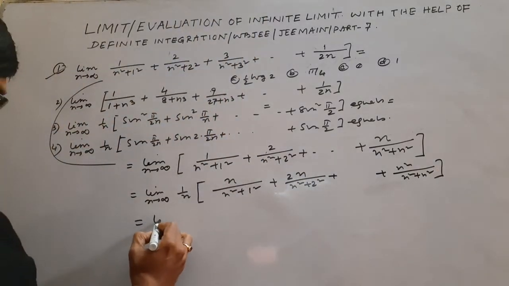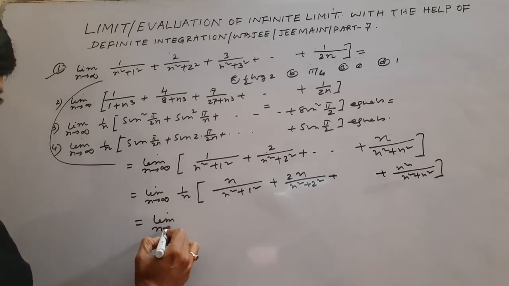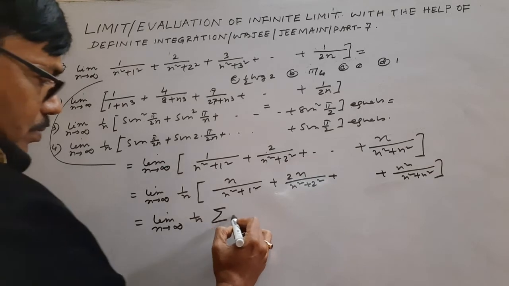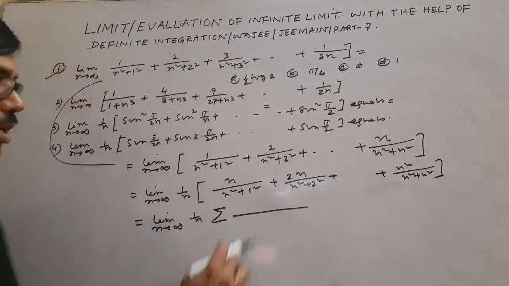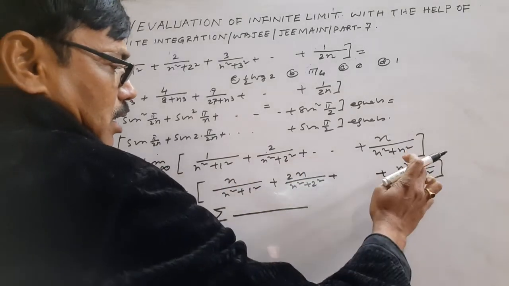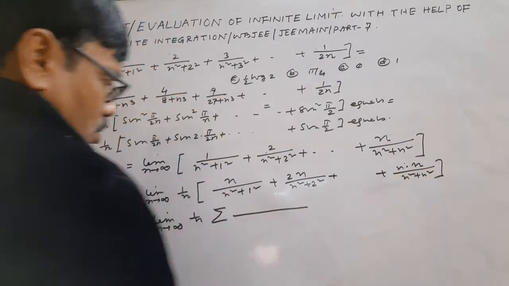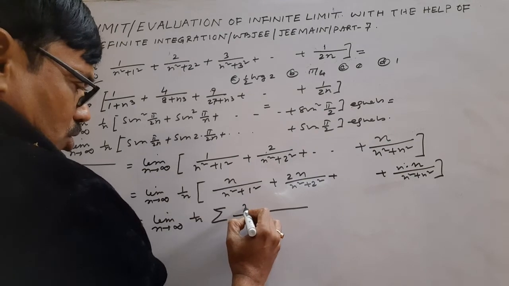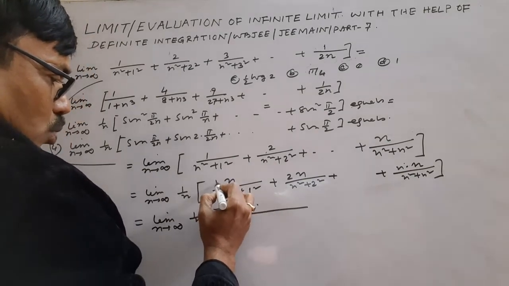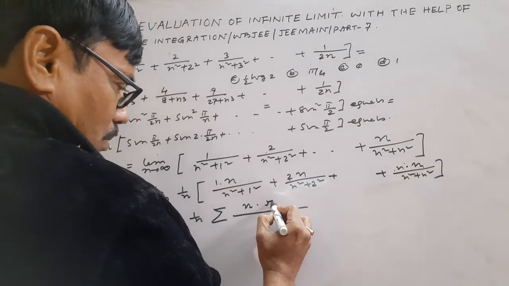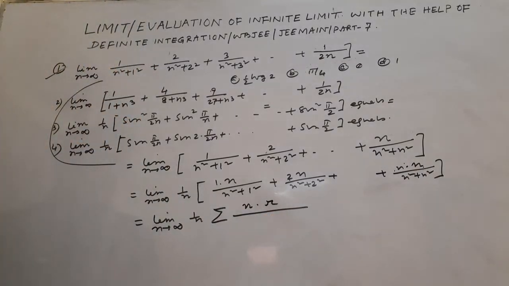Now we want to express it as a summation. Look, this is n into n. So the first n is constant. Now here it is 1, it is 2, it is 3, it is n. So it is variable. We consider this as r.